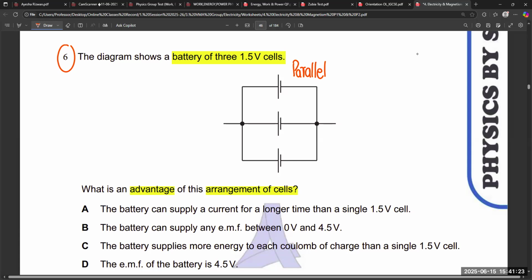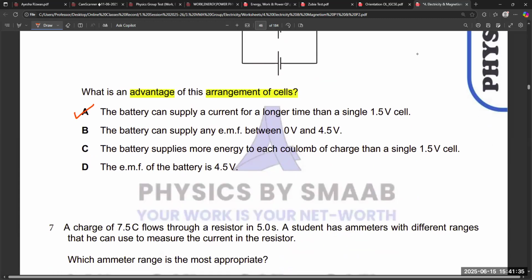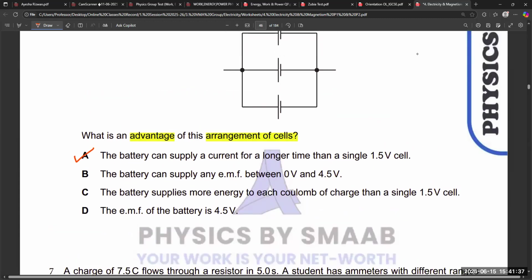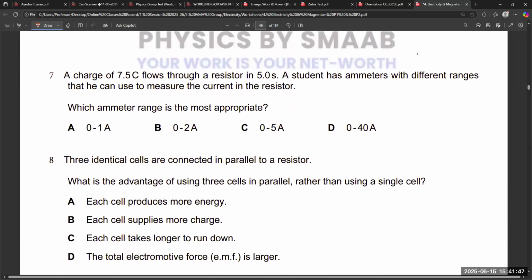I think A. Option A. Okay, right. Because option C is about more voltage than 1.5. So we know that voltage will be 1.5, but there will be less load on each cell.